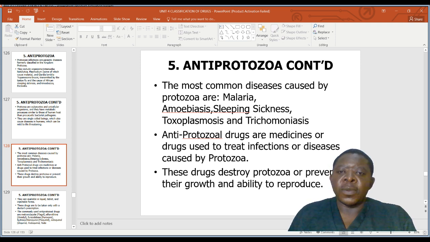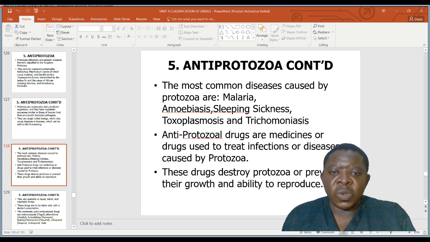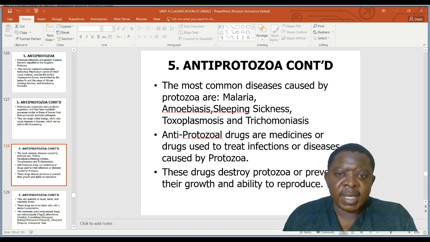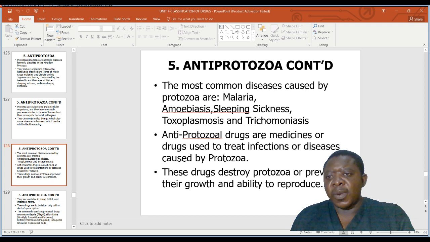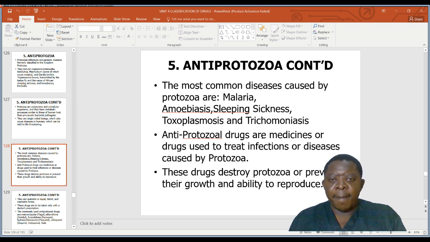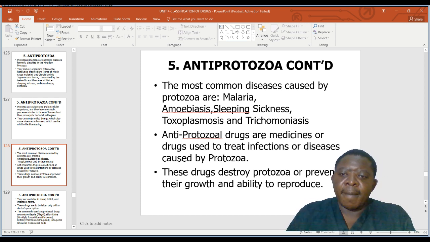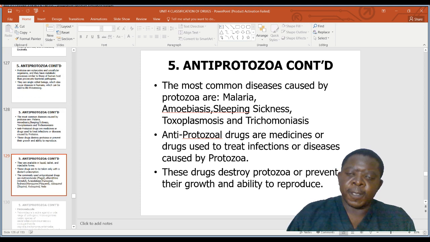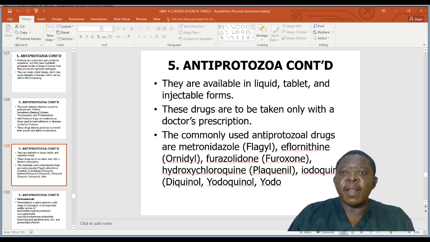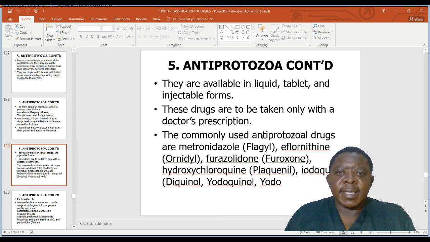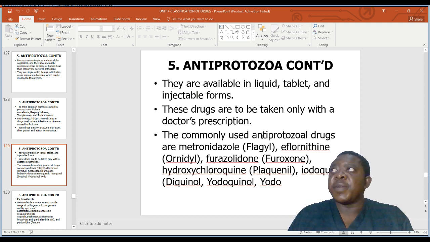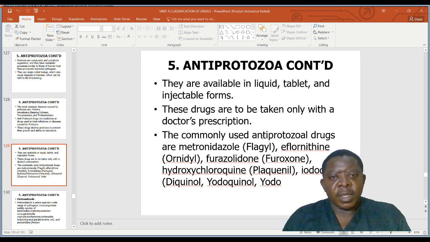And antiprotozoal drugs are medicines used to treat infections or diseases caused by protozoa. These drugs destroy protozoa or prevent their growth and ability to reproduce. They are available in liquid, tablet, and injectable forms. These drugs are to be taken only with a doctor's prescription.